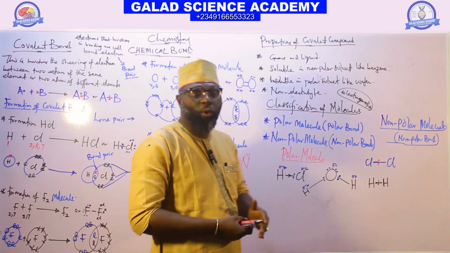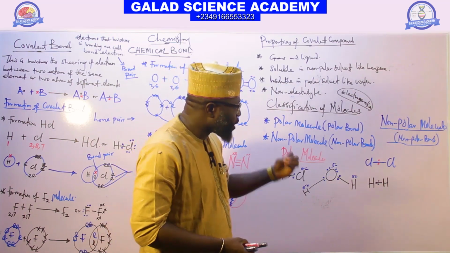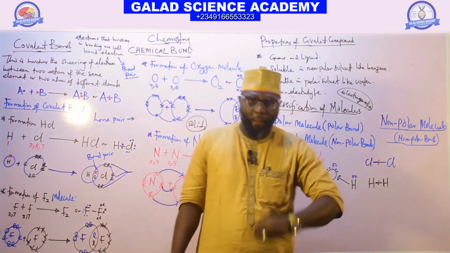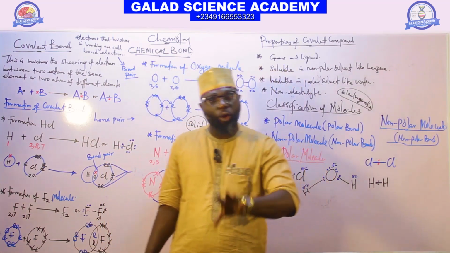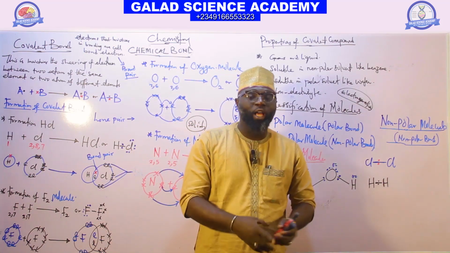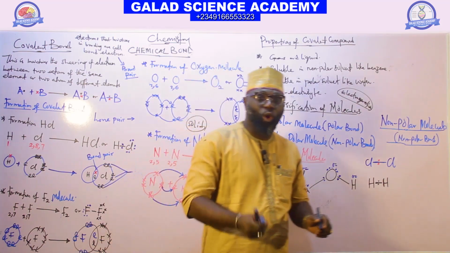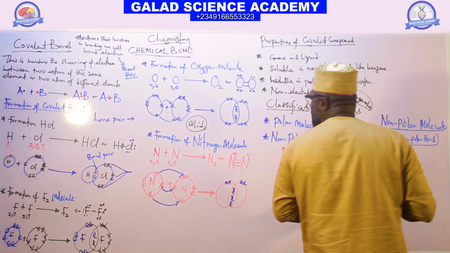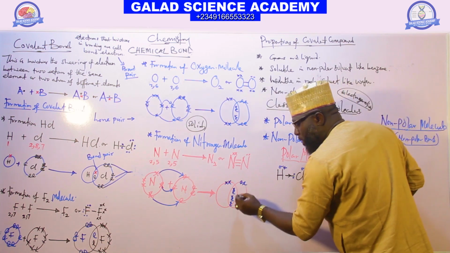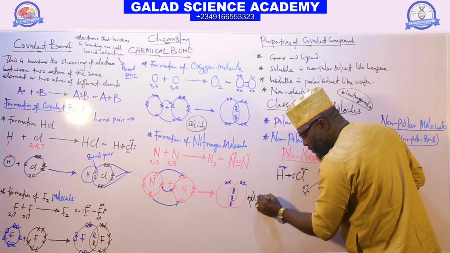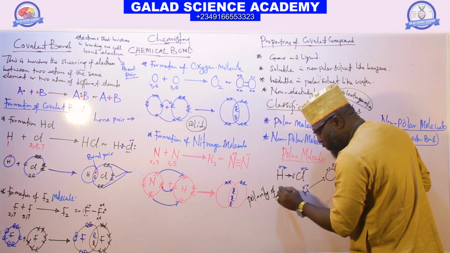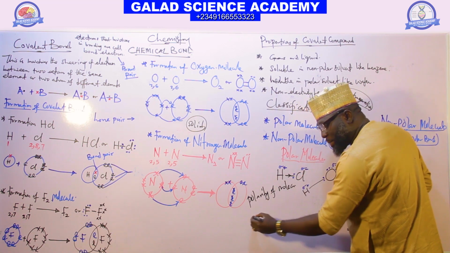How are we going to determine whether a compound or a solvent or a gas is a polar or non-polar solvent? Or how are we going to determine that a molecule is polar or not polar? The answer is that there are two things we can use to determine the polarity.